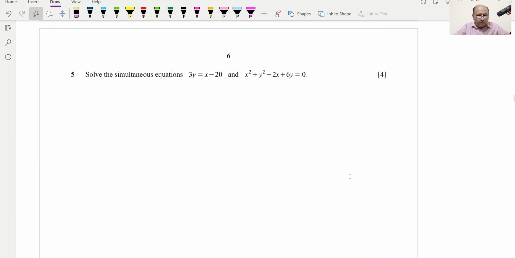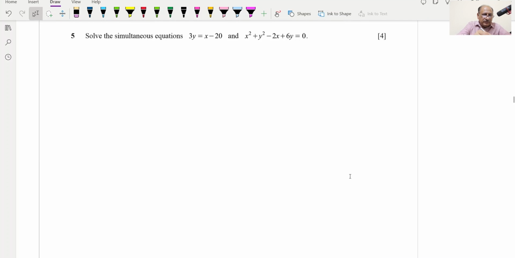Now question number 5. Question 5 says solve the simultaneous equations. These two equations are provided. One is a straight line, the other one is a quadratic equation. So what we can do is make x the subject in this one, and x will be equal to 3y plus 20.